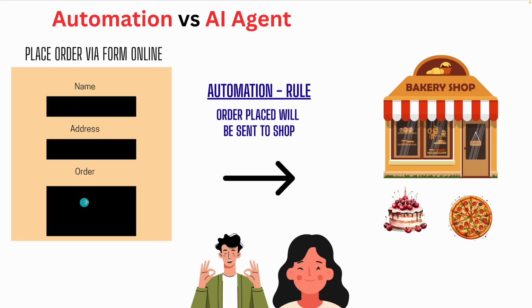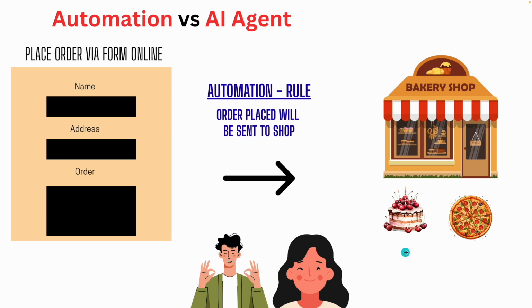All such details have to be provided in the order. Then the automation will happen. We will set a rule that whenever an order is placed, the order will be sent to the shop. This is the automation we have set.